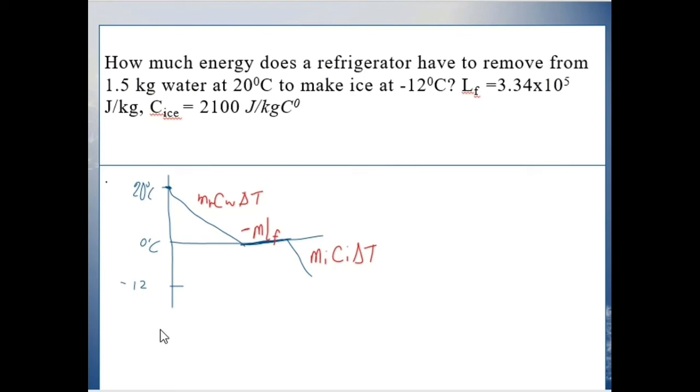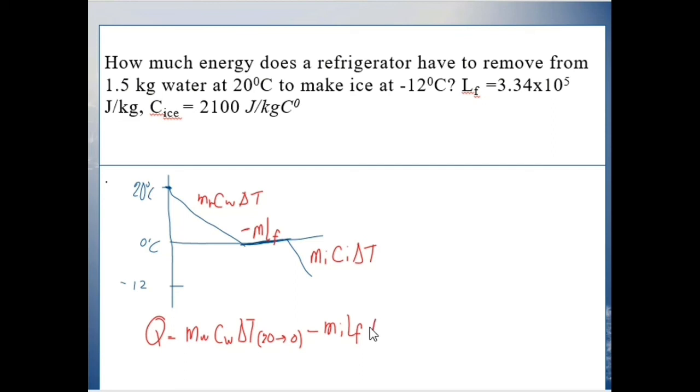So writing down the whole equation, we now have total heat equals mass of the water, C of the water, delta T of the water, from 20 to 0. Then you have minus mass of the ice, and then latent heat of fusion.